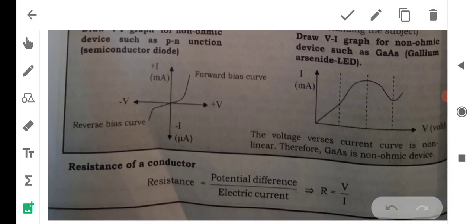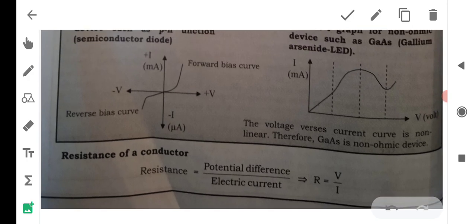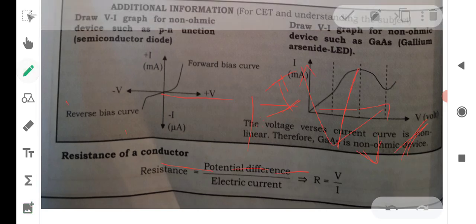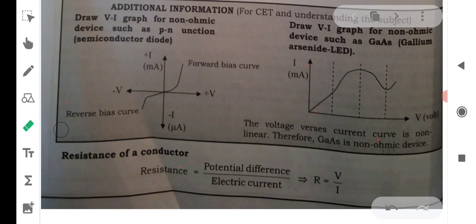Okay students, now we'll discuss the resistance of a conductor. We know the formula V equal to IR. Using that we can easily define the resistance.